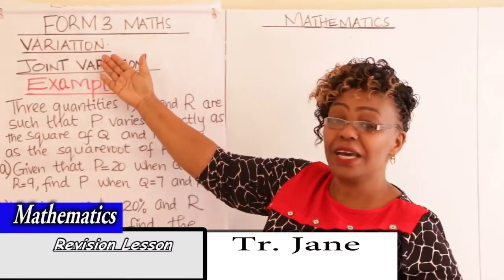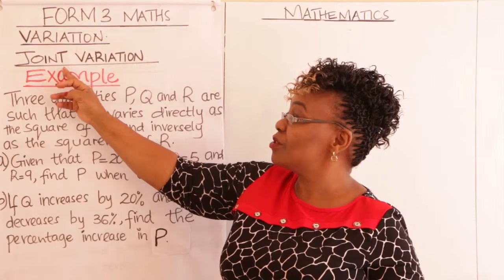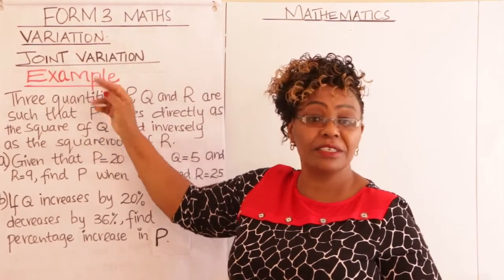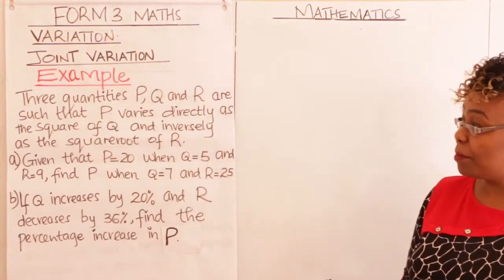Mathematics, and we are dealing with the topic variation, and we are looking at this kind of variation called joint variation. We go straight away to the example there.